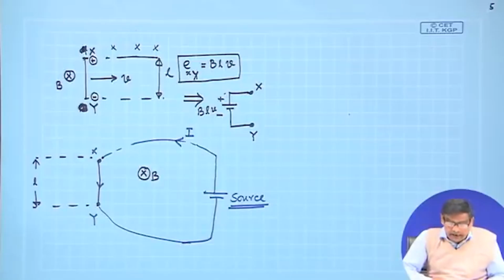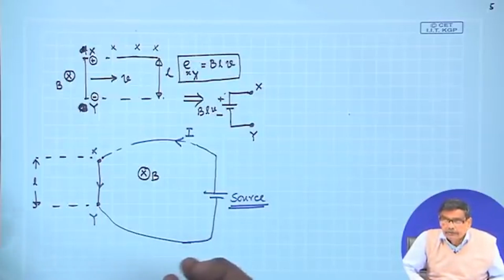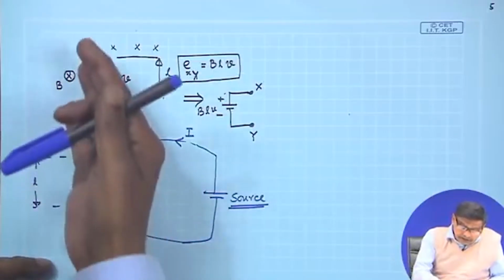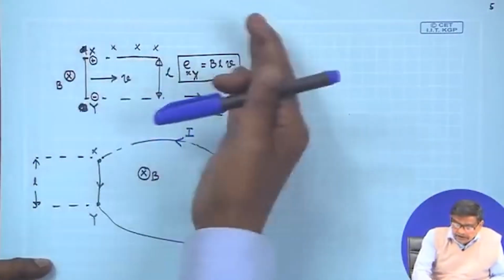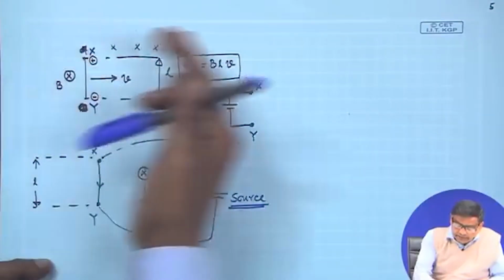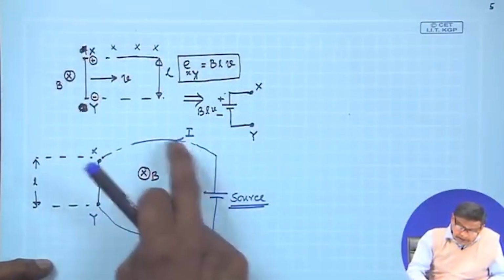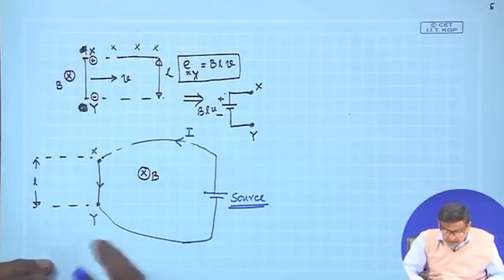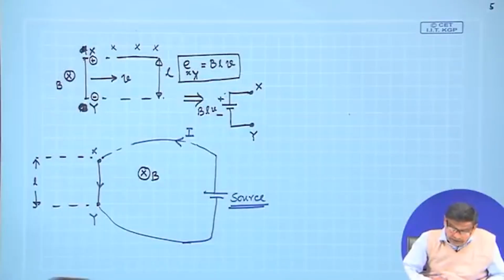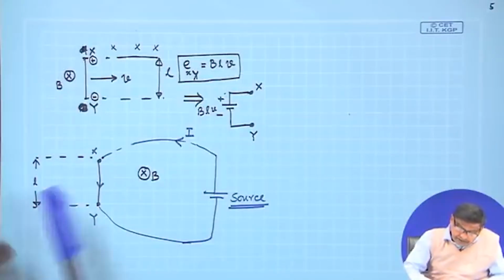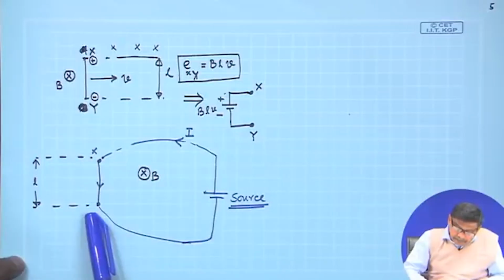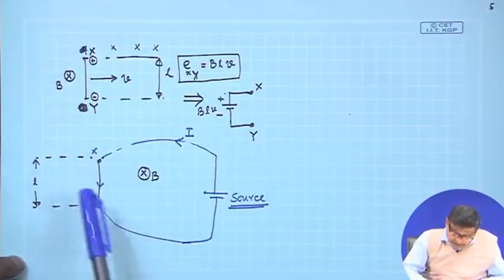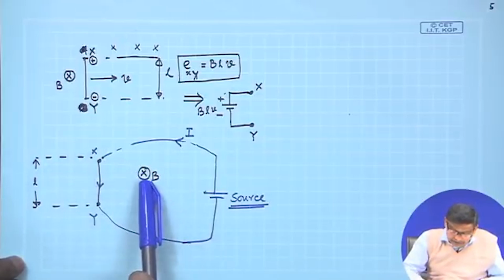And the magnitude and direction of the force is obtained by Fleming's famous left hand rule. It was Fleming's right hand rule to find out the magnitude and polarity of the voltage, and this is Fleming's left hand rule to find out the magnitude and direction of the force experienced by x y, because it is carrying a current and placed in a magnetic field.